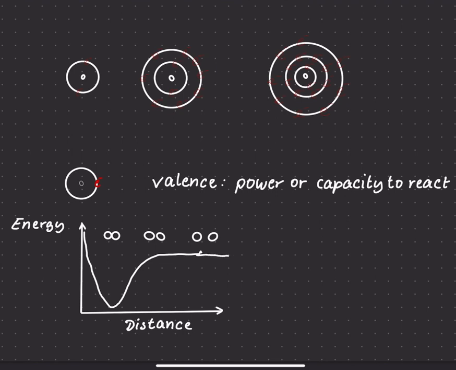The closer we bring the two atoms together, the lower their energy state is. And the reason why the valence electrons react with other elements is to reach a lower energy state that is preferred.